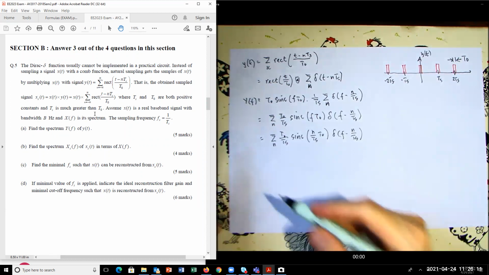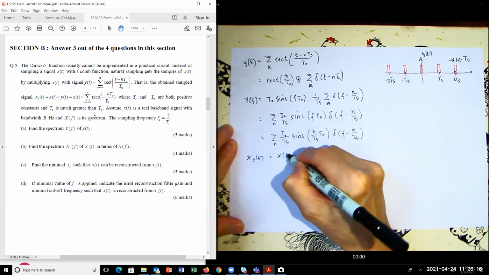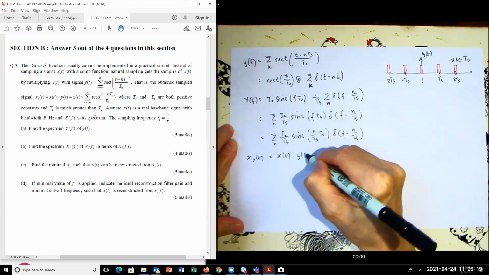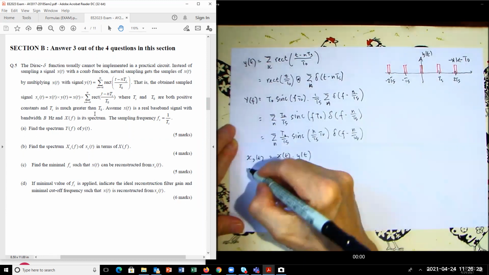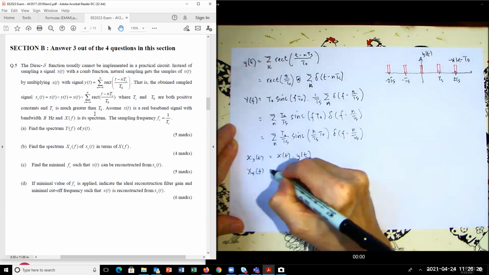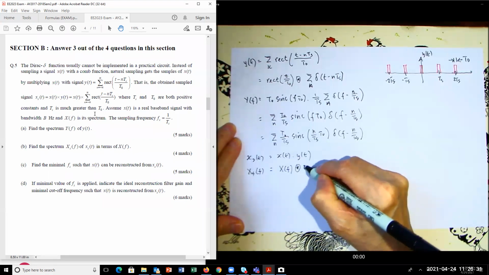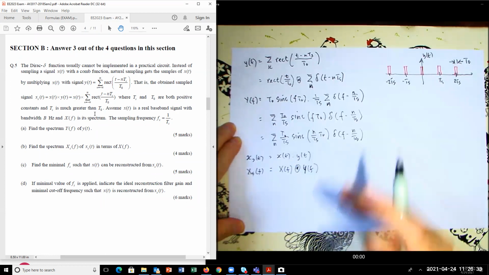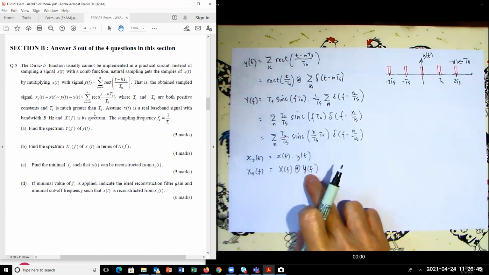Xs(t) is x(t) times y(t), so capital Xs(f) will be whatever X(f) is, which we do not know, convolved with Y(f). And Y(f) you know is this guy.